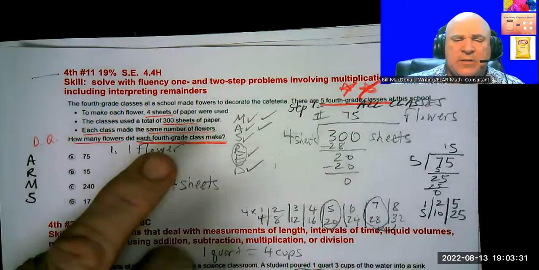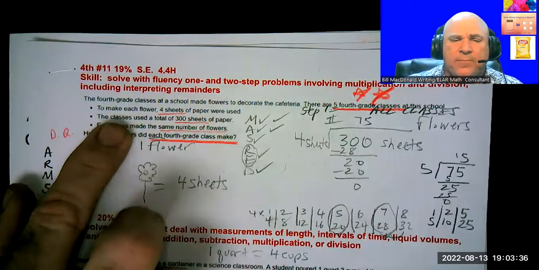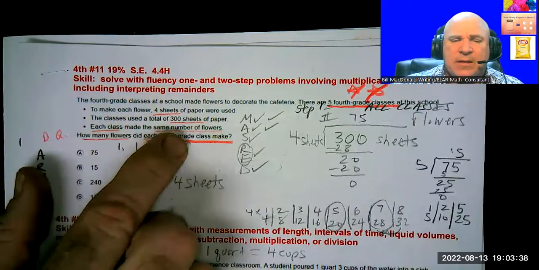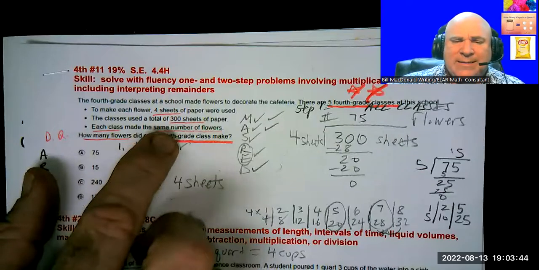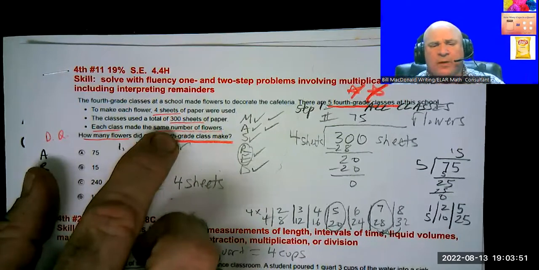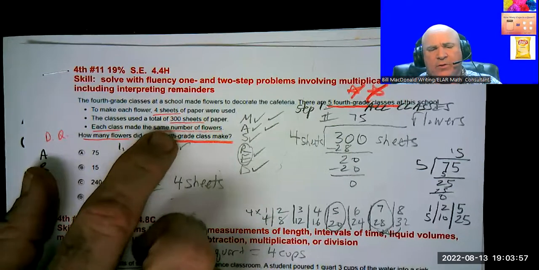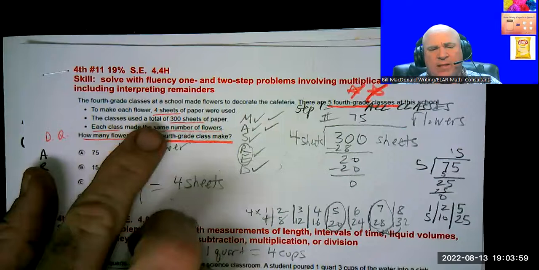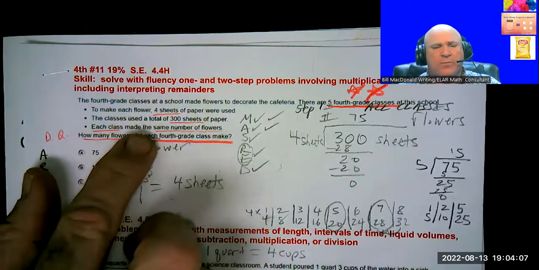The classes, plural, 5 of them, used a total of 300 sheets of paper. Each class made the same. That means that the quotient will be the same for each class, and you'll take the number of flowers that all the classrooms made for step 1, and then divide it again to find out how many each classroom makes.